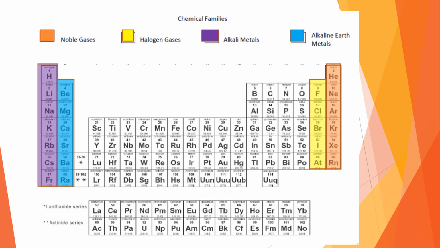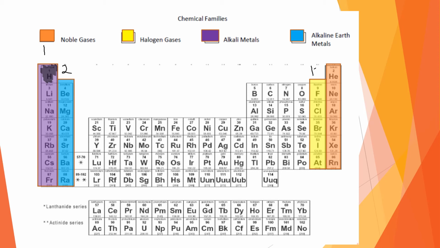Okay, so this is just to reiterate again the same thing on the periodic table. This very first group here, with the exception of hydrogen, are our alkali metals in purple. Then we have our alkaline earth metals.